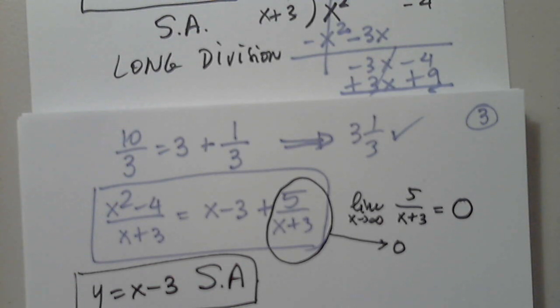If we don't use parentheses for rational functions, we're not going to get anything. Always x plus 3, unless it's just one term. In the graphing calculator, I need to enter the slant asymptote by hand. We just determined it. It's x minus 3.